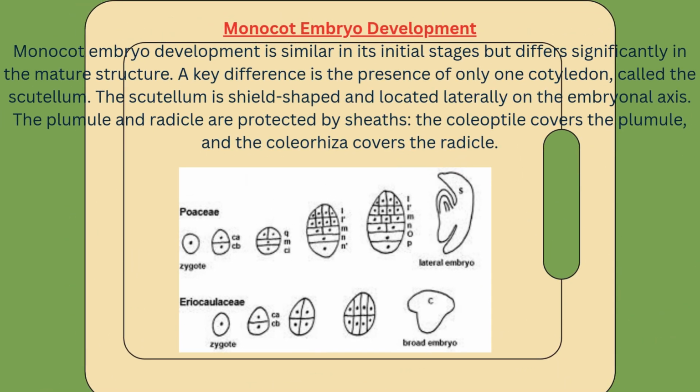The key difference is the presence of only one cotyledon, called the scutellum. The scutellum is shield-shaped and located laterally on the embryonal axis.